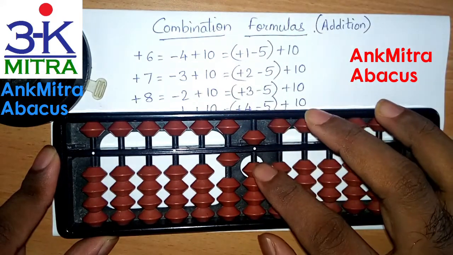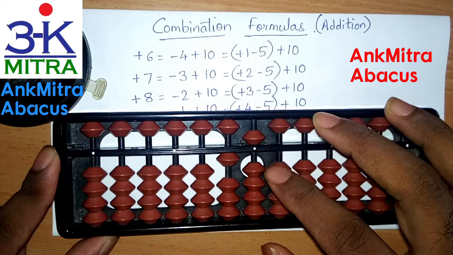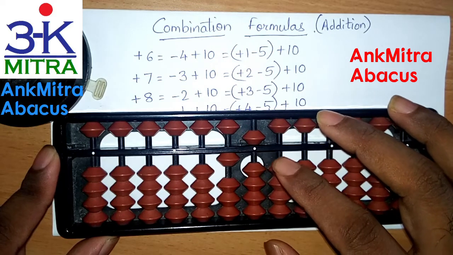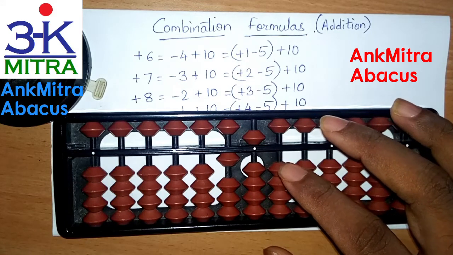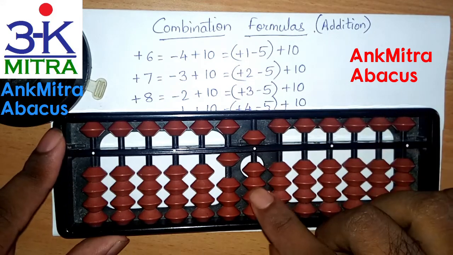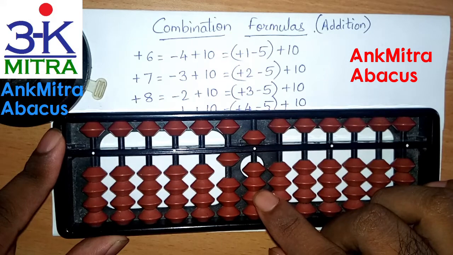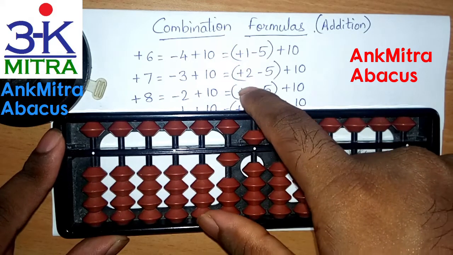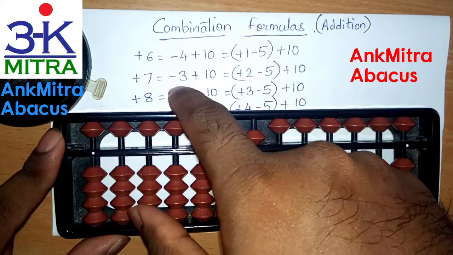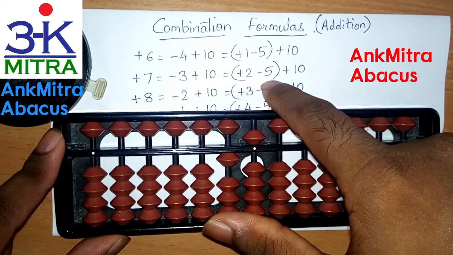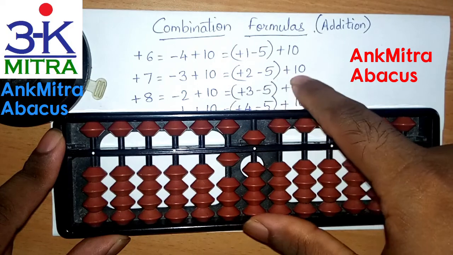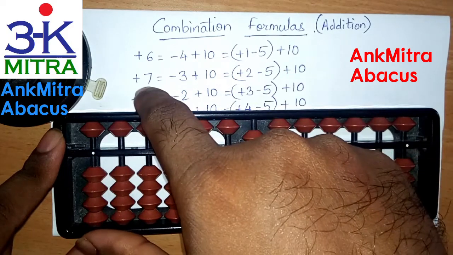So in situations like these, we are supposed to use the combination formula. What combination means is just the combination of the small friend as well as the big friend. So for subtracting 3, I will have to use the small friend formula of 3. I have written this in the bracket here. For subtracting 3, I can do plus 2 minus 5, which is the small friend formula for minus 3, and then add 10 to finish the addition of 7.